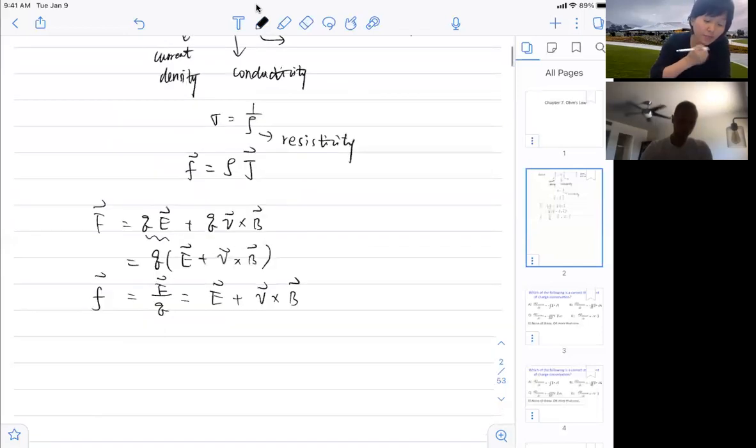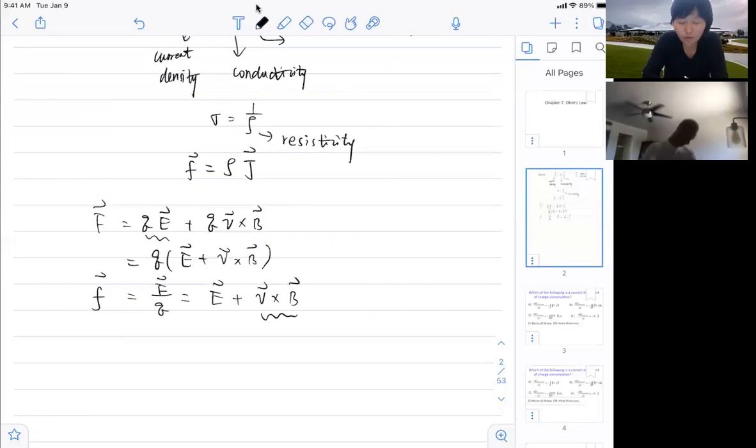So oftentimes when we're talking about movement inside a conducting wire, you have some electric field that is driving the charges. If you also happen to have a magnetic field present, you may have a force from the magnetic field too.